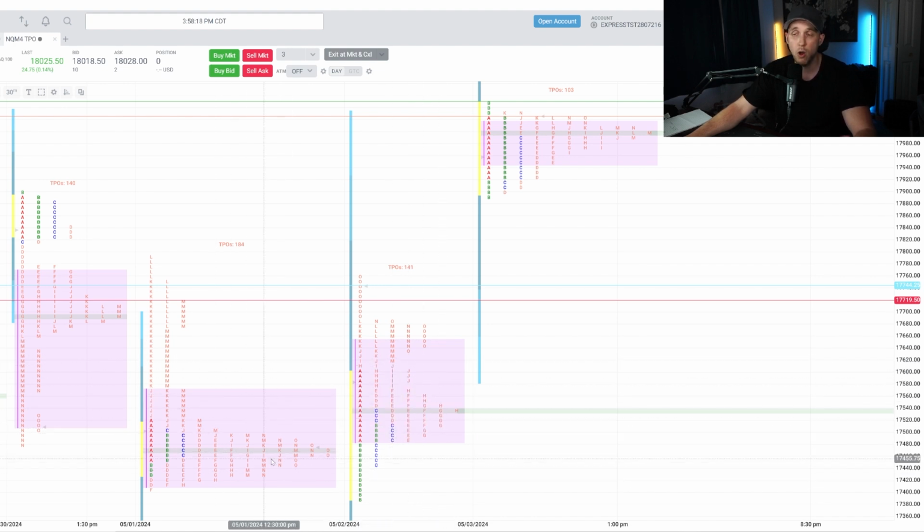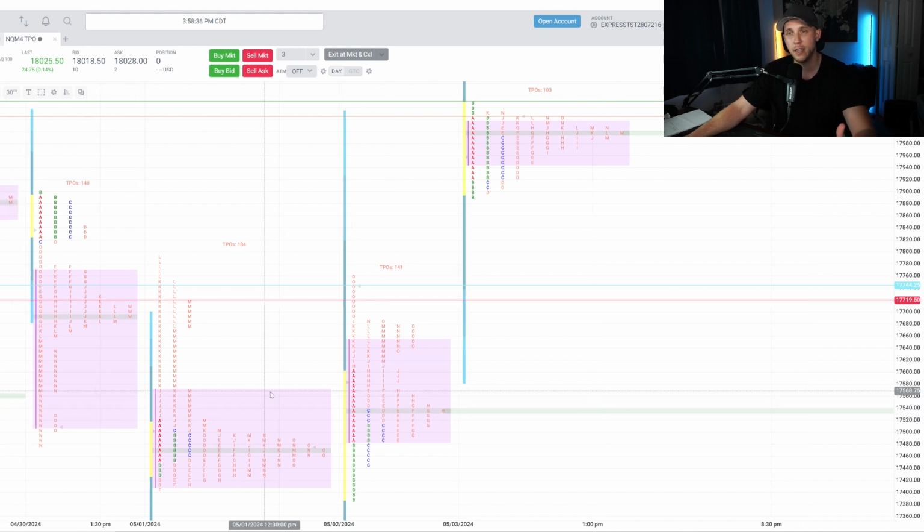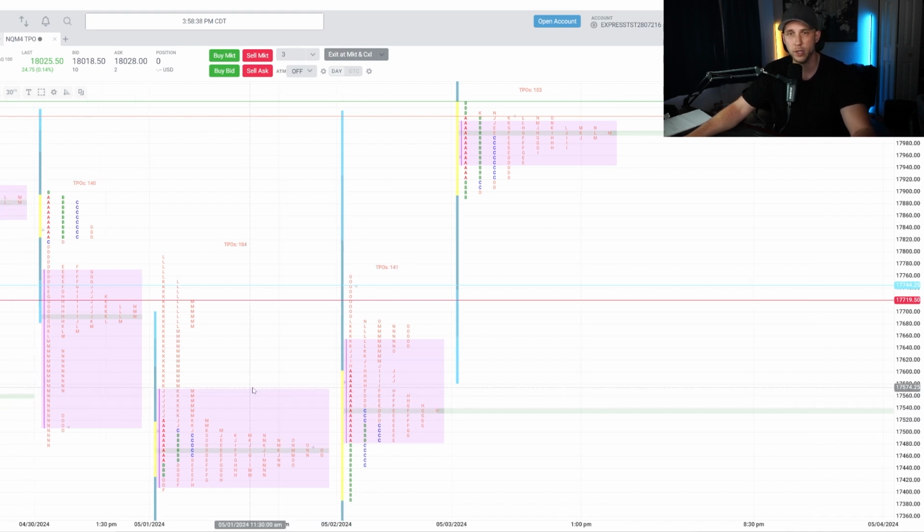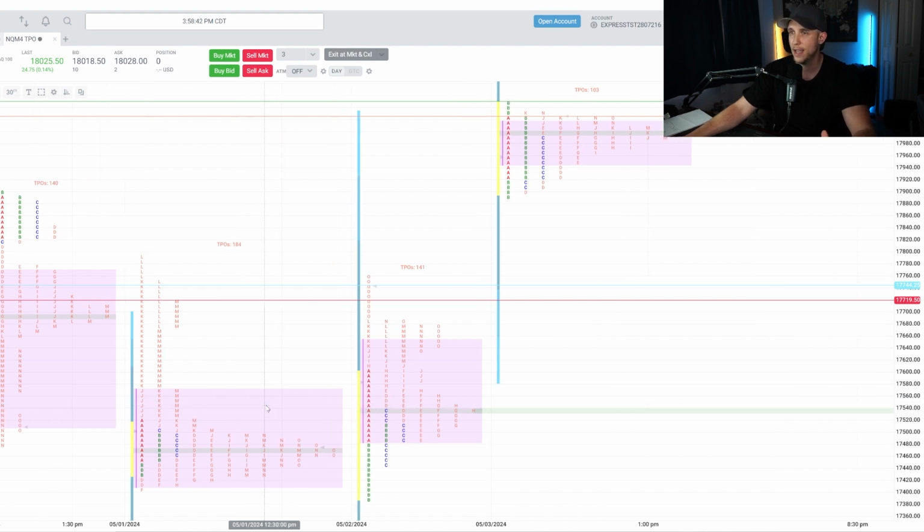So a good long opportunity would have been a rejection below yesterday's value area low, and rejecting point of control to go lower, to then stay above point of control. That would have been a good strategy to trade and go long off of. That's why I use previous days. While I do look at the current day, previous day's information is super important when you're trading intraday, because you can say, okay, I know what price has done, where it has been, and how it reacted.